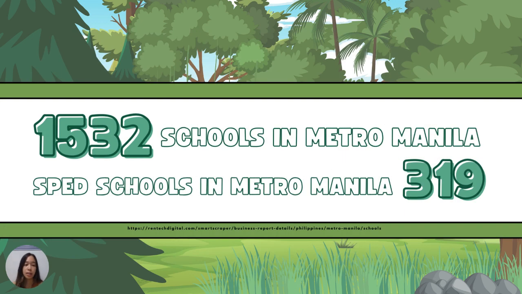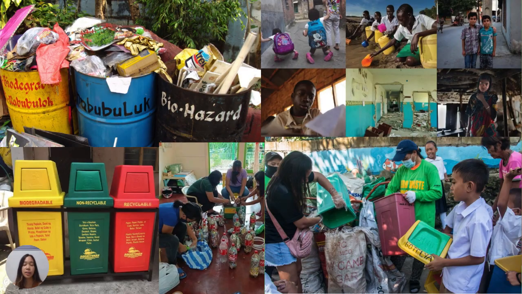As stated in our gathering, there are 1,532 schools in Metro Manila and 319 of these are SPED schools. As we can see from these photos, there are problems such as improper waste disposal of schools in Metro Manila, lack of advocacy and knowledge regarding waste segregation, and differently abled kids are unable to segregate properly due to their disabilities.